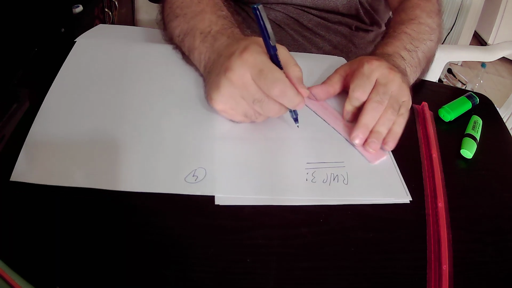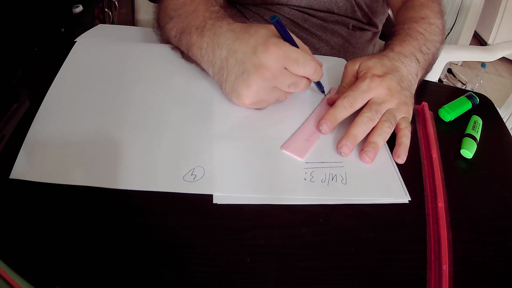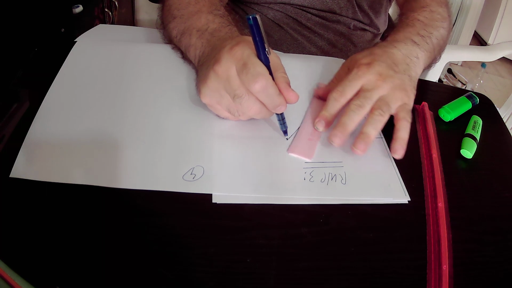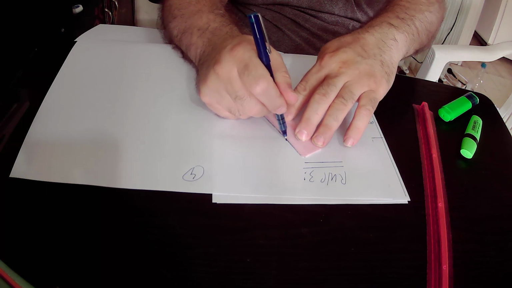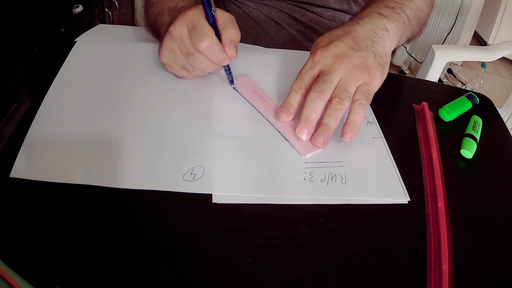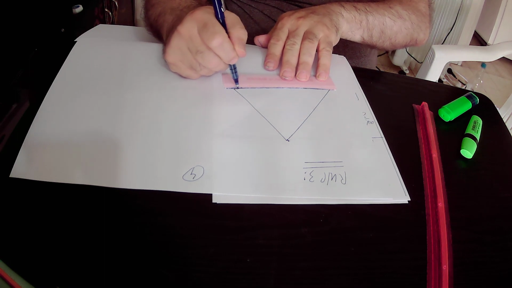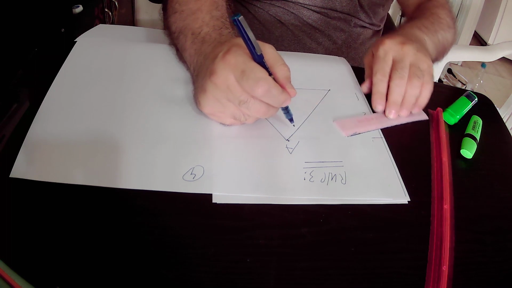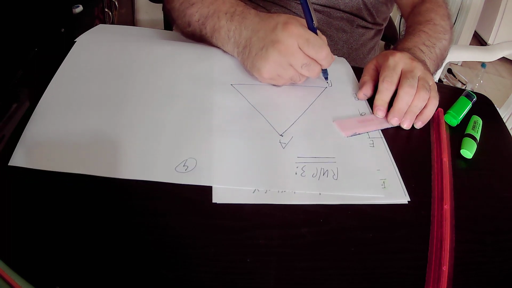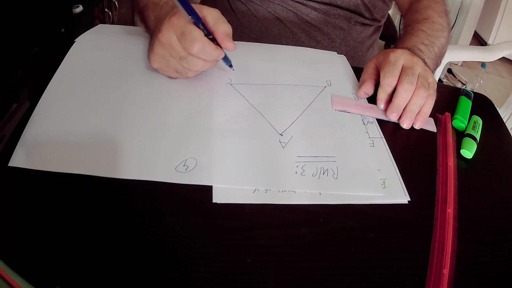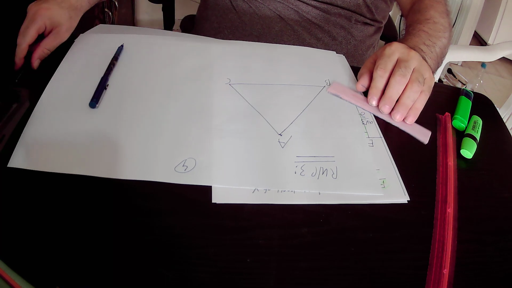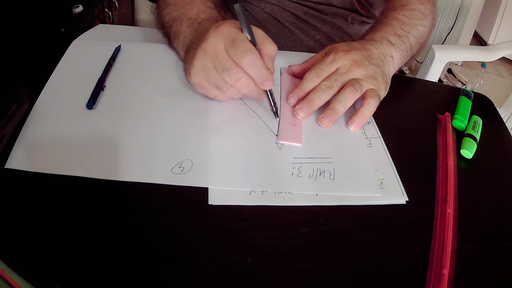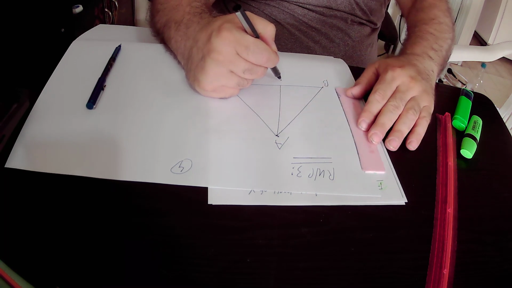So if we have triangle ABC, and we have the angle bisector AD, triangle ABC. AD is angle bisector.